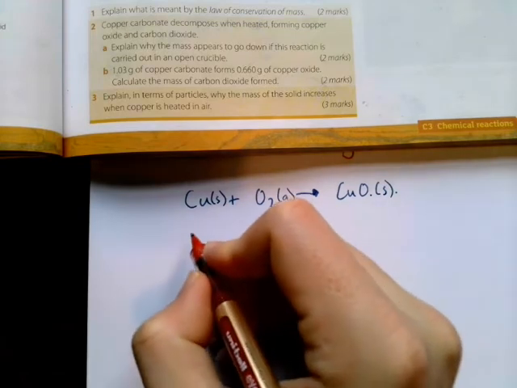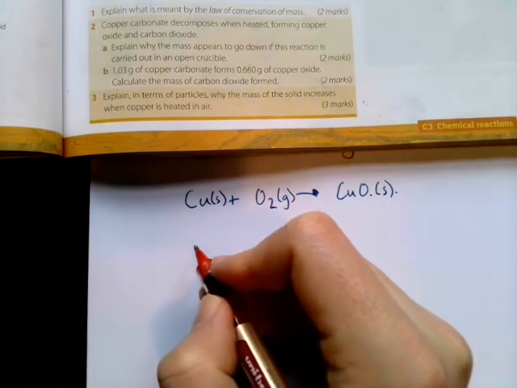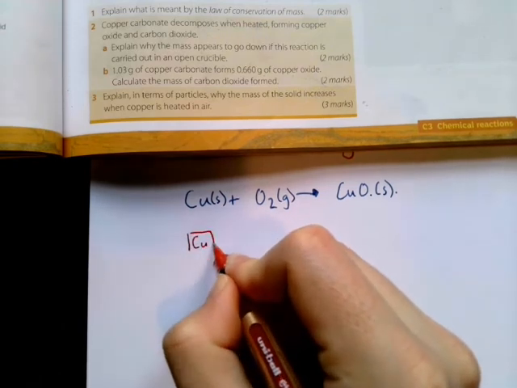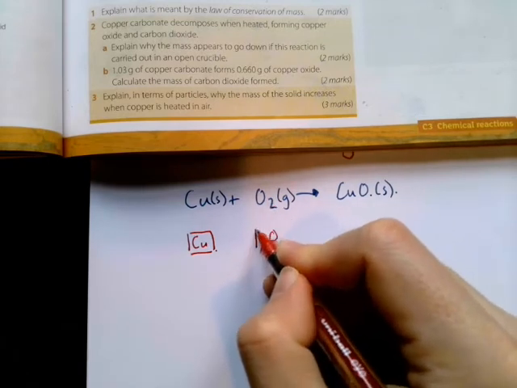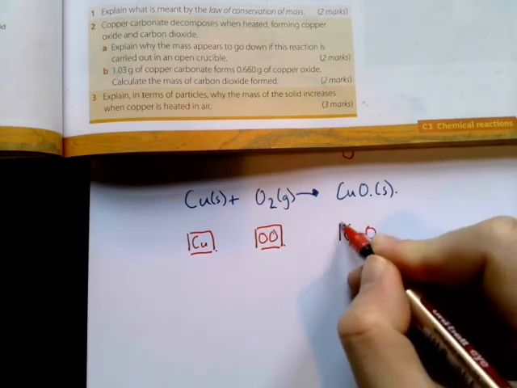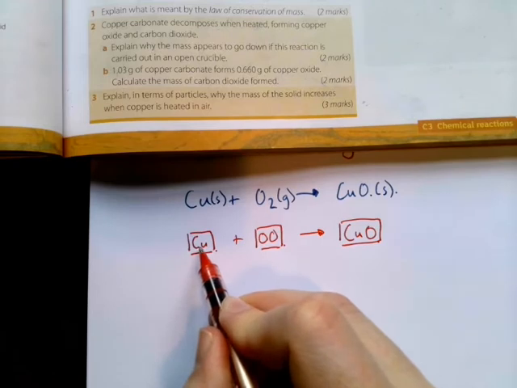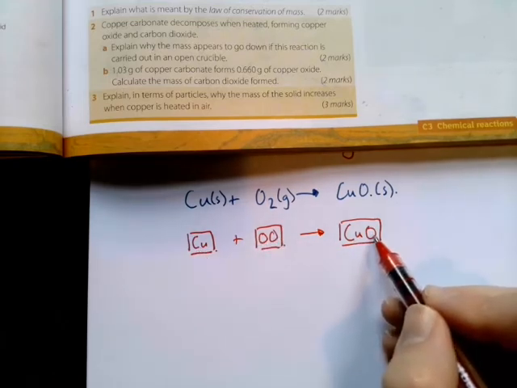Okay, so you should remember, we did this in class. If you can't remember, you'll need to go back and look at the class where we did this. I've got here 1 copper. Here I've got 2 oxygens, that's what the little 2 after the O means. And here I've got 1 copper and 1 oxygen. So I've got 1 copper here and 1 copper here, so that's fine. I've got 2 oxygens, but only 1 oxygen here.